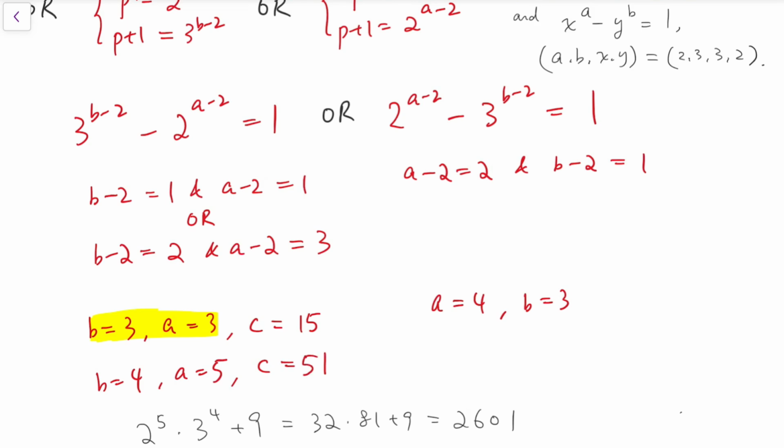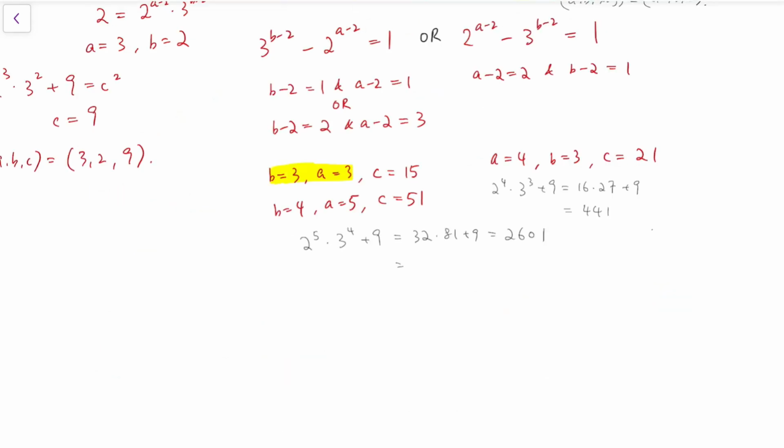So that means c equals 51. Finally, for a equals 4 and b equals 3, we have 2 to the power 4 times 3 to the power 3 plus 9 equals 16 times 27 plus 9, and that's 441. So in this case, c equals 21.